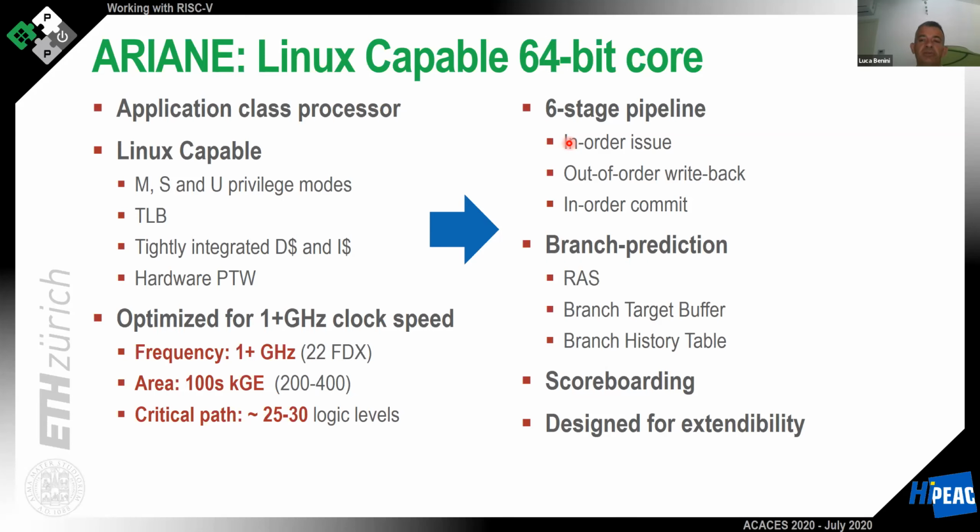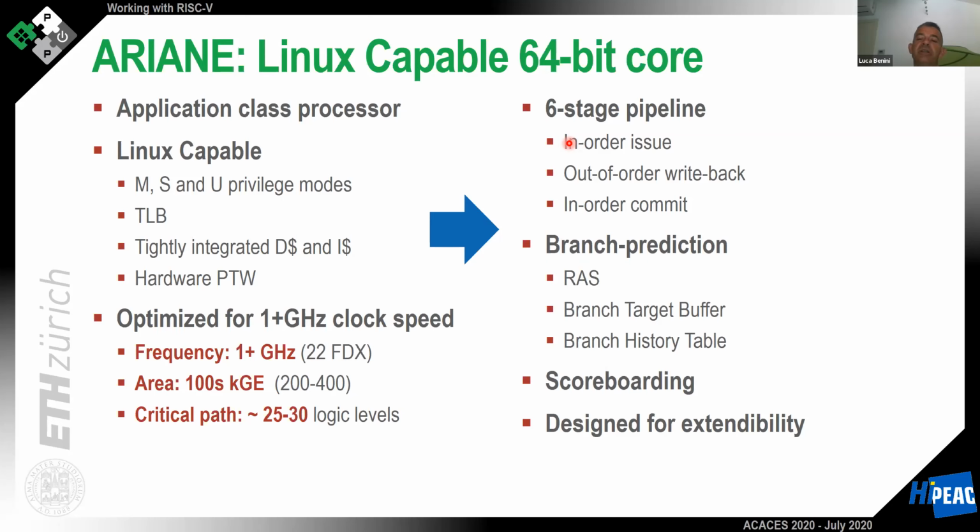Because if you make it deeper, then the microarchitectural complexity gets very hard to manage. And also, targeting 1 gigahertz, a 6-stage pipeline is a reasonable choice to achieve that frequency. And we didn't add a lot of complexity, like out of order issue, multiple issue, and so on.